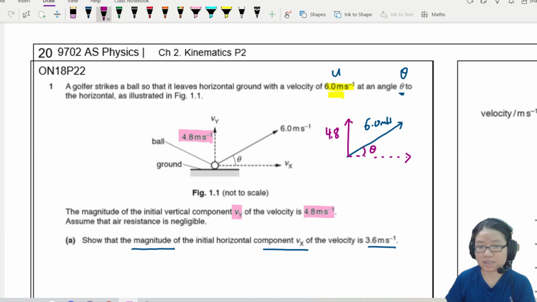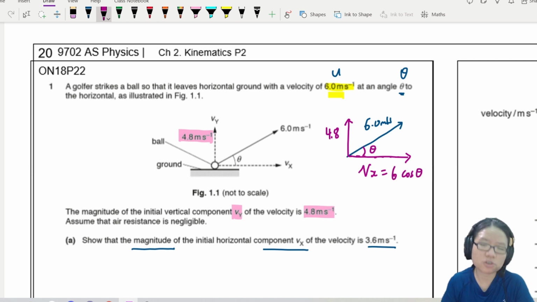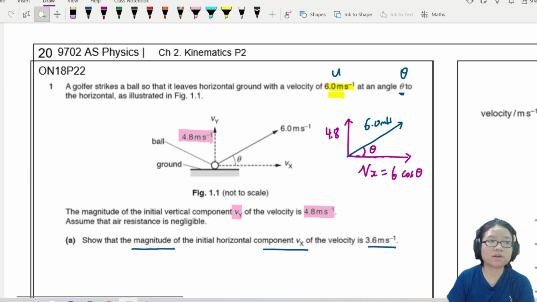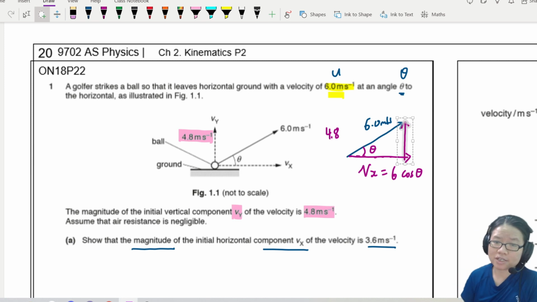If I'm missing my theta, I can't find Vx, because Vx is equal to 6 cos theta. Well, that's true. But also, don't forget that this can be recomposed. I can put it back into a right angle triangle.